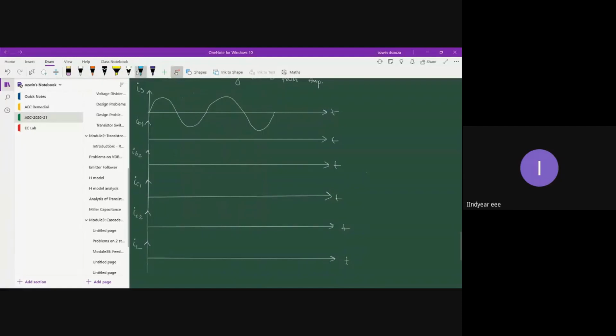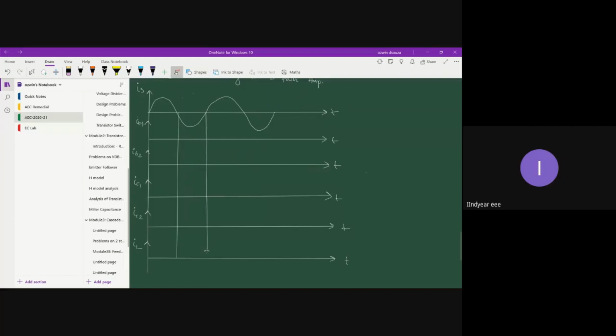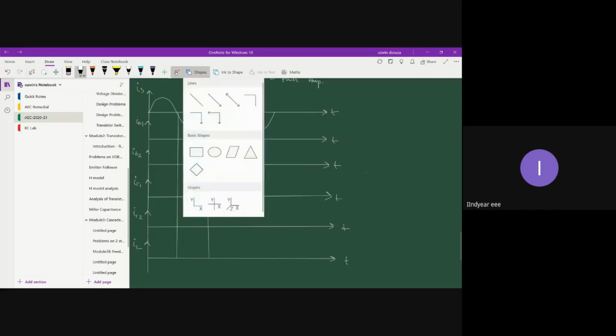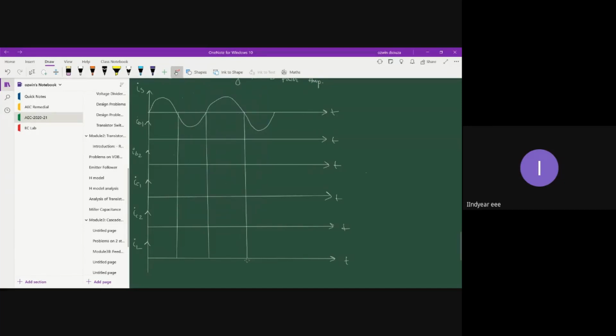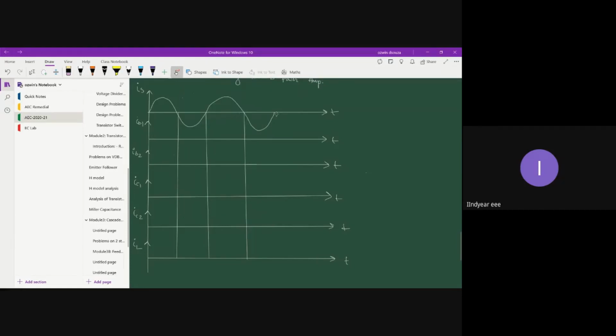Let me draw the guidelines in blue color. These are all thin lines meant for sketching the waveform.